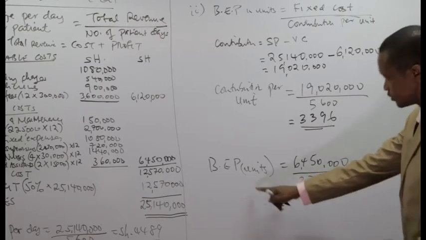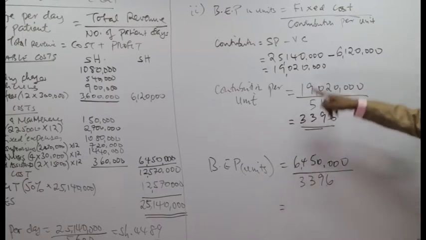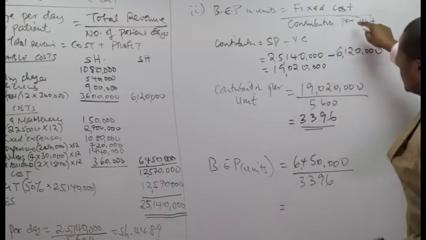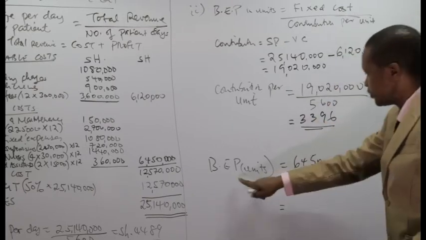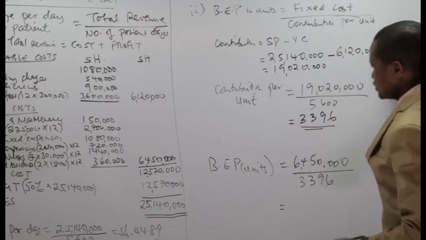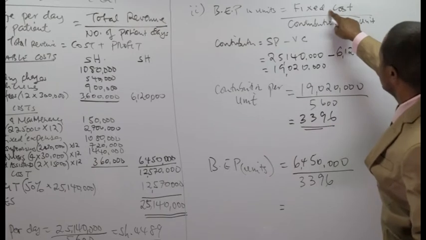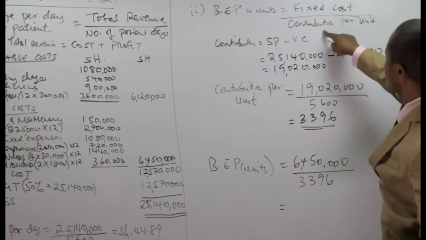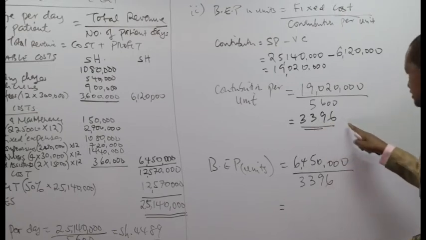The break-even point in units is equal to the total fixed cost over contribution per unit. Our contribution per unit is 33.96.